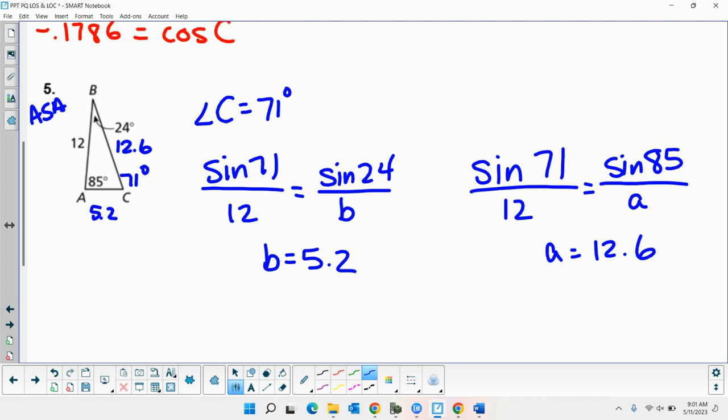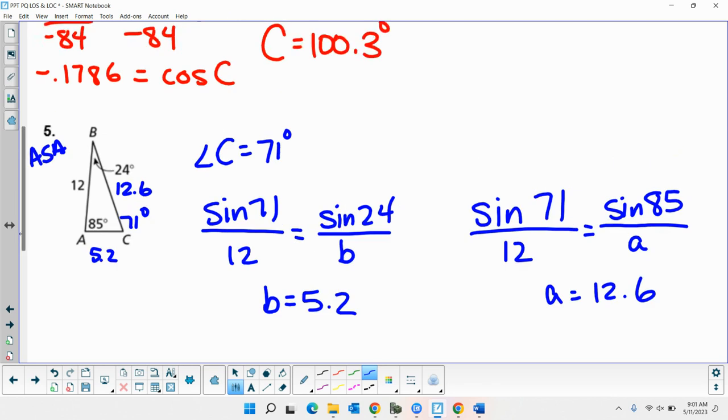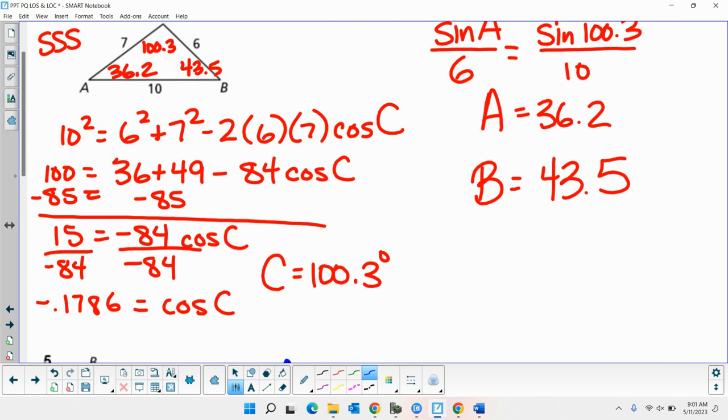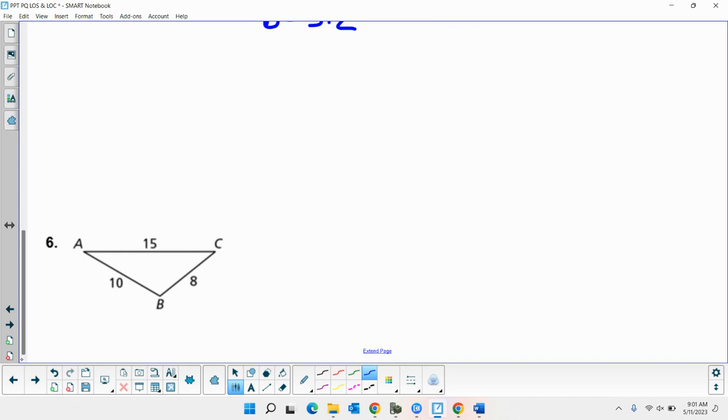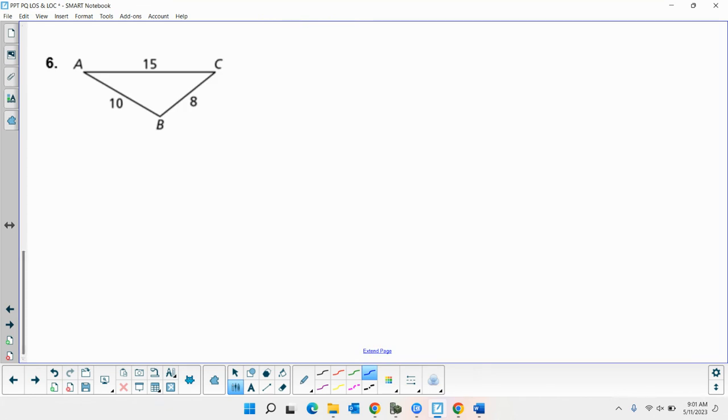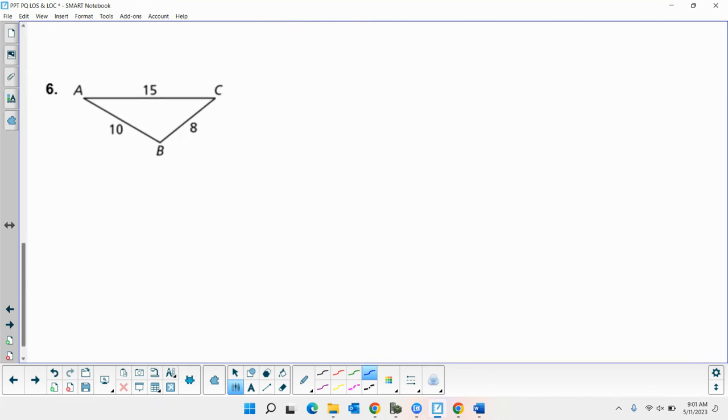All right, 6 is just like 4. A side, side, side. Okay? We did another one of those just because that one seems to give us the hardest problem. So 15 squared.